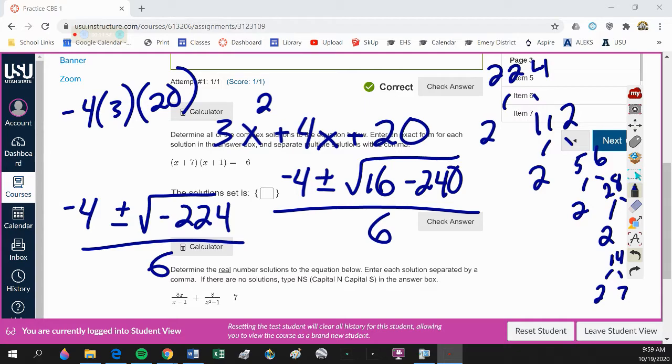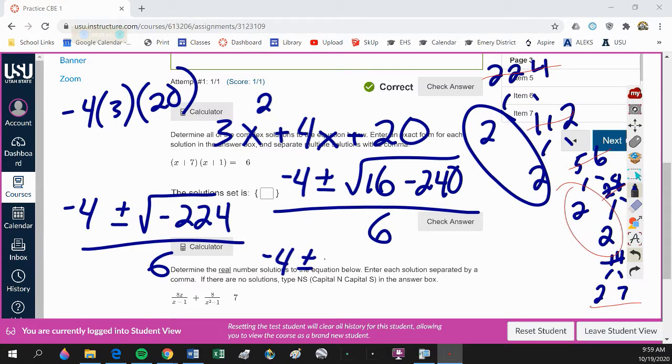So I can scratch off anything that factored. Do I have any pairs? Pair of 2's there, pair of 2's there, with a 14 left over. So, -4 plus or minus 4 times the square root of 14 over 6.